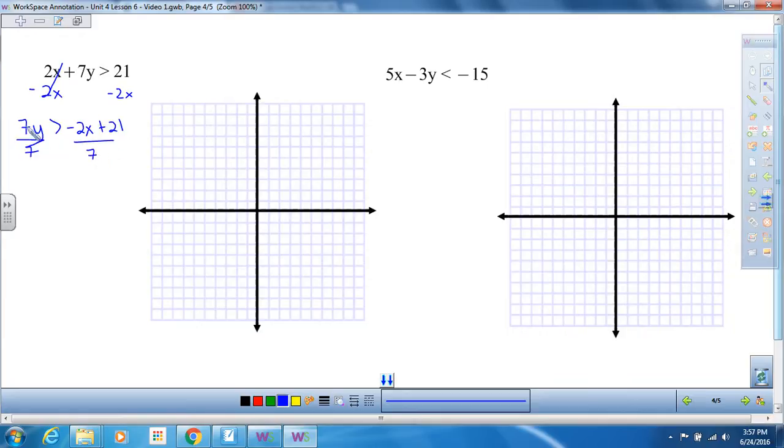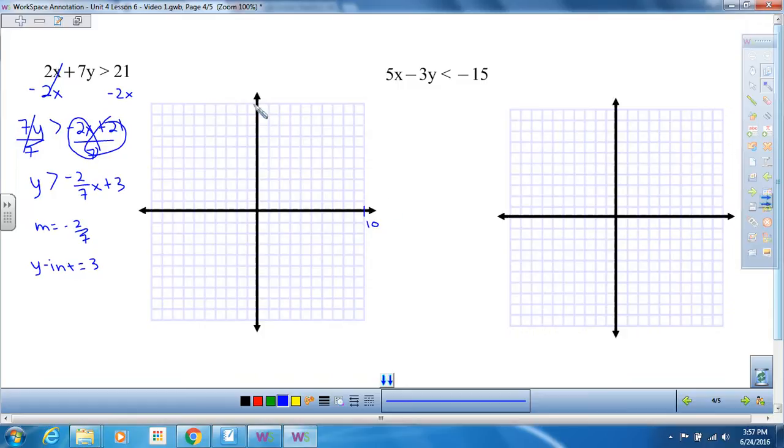Inequality rules still apply. So if you were to divide by a negative, you would need to flip your sign. 7 is not negative, so I don't have to worry about that. And that's 3. Okay, so my slope is -2/7. My y-intercept is 3.